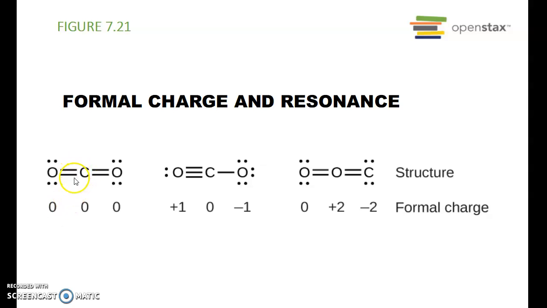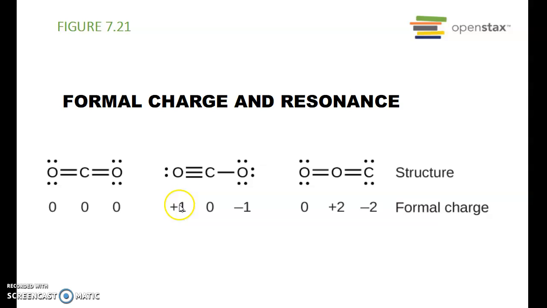Here you have 1, 2, 3, 4 bonds, so that means that carbon there would have 4 electrons, so the formal charge would be 0. And this oxygen would be the same, okay? This structure instead, here you would have 1, 2, 3, 4, 5 for your formal charge on this oxygen. 5 means that it's missing 1 electron from its normal 6.